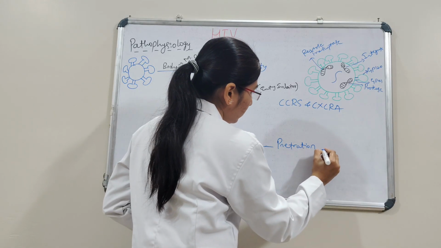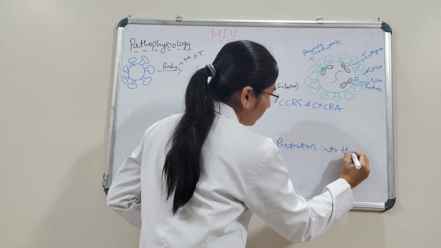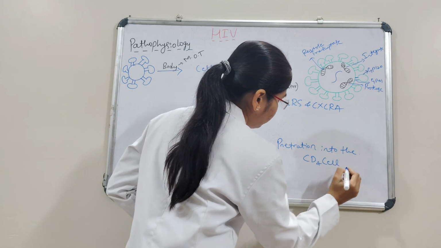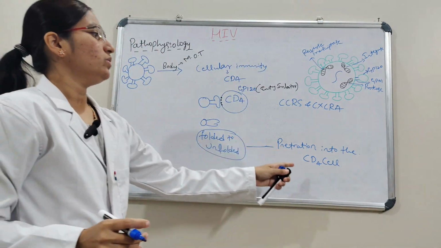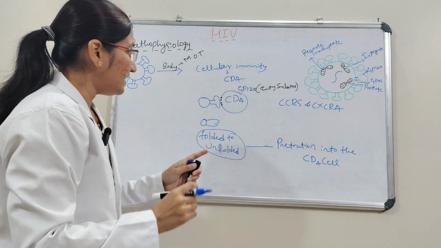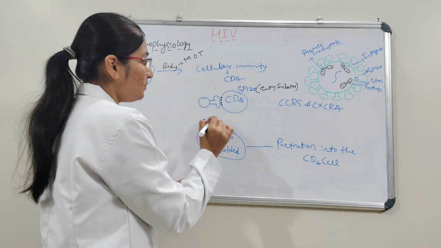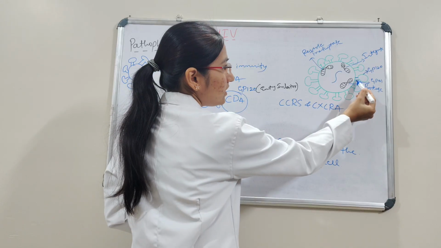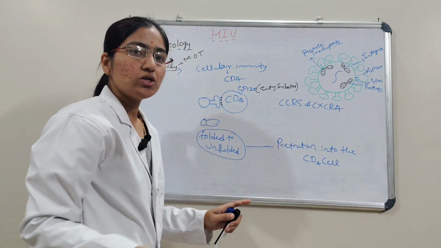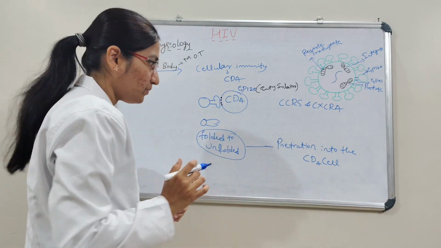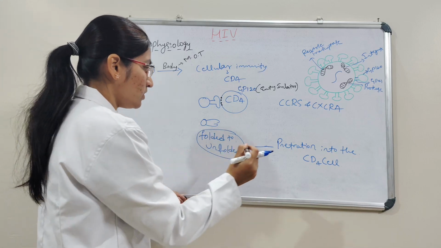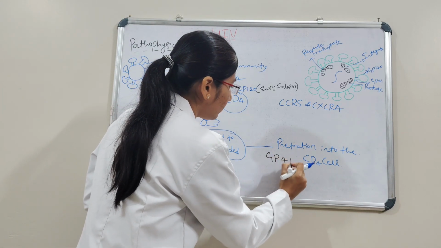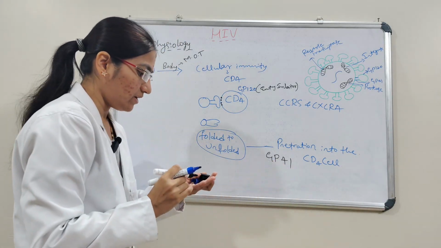Penetration into the CD4 cell. That is GP41. Here GP41 is there, that directly enters into the CD4 cell. This one is the GP41, that is glycoprotein 41.